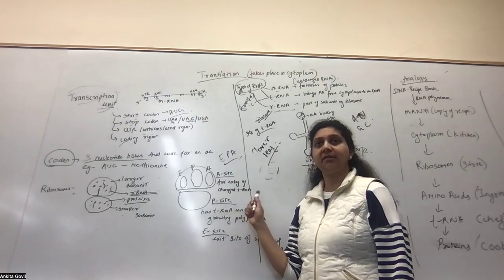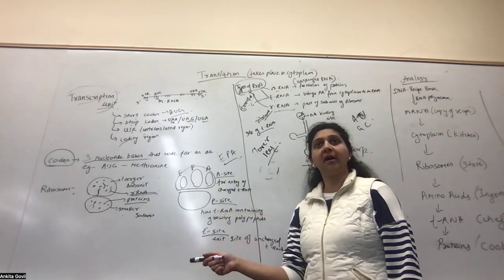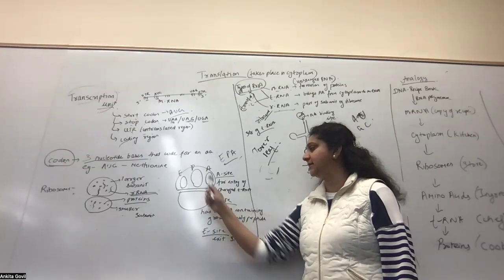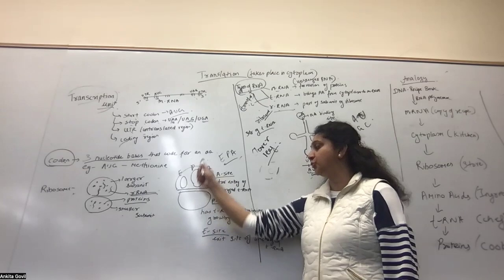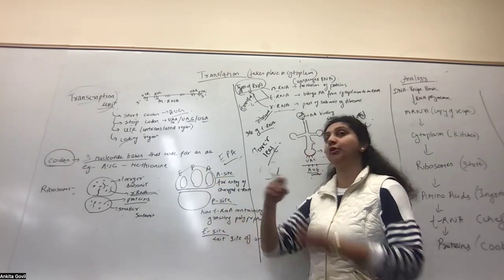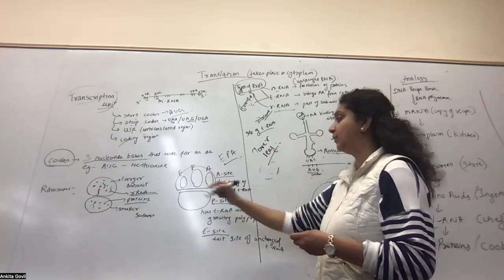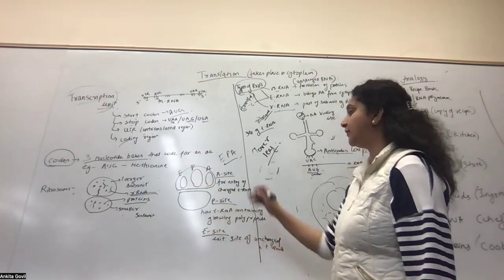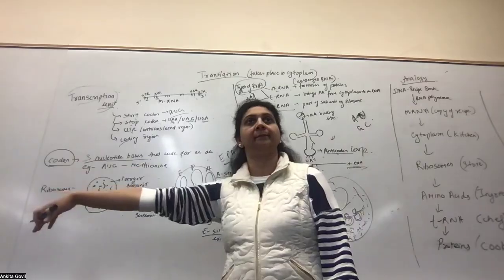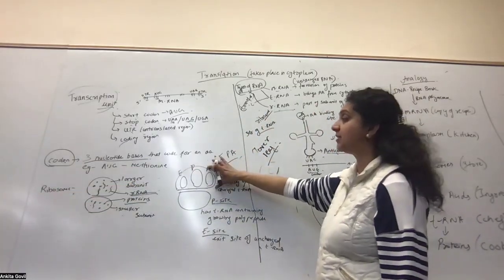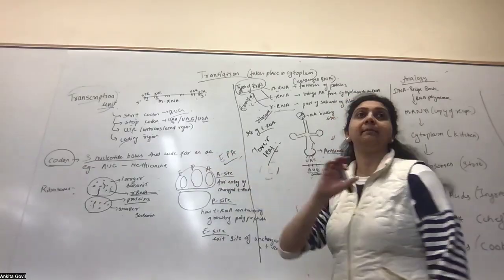I'll tell you this in detail. Just to know for now, there are three doors, A, P, and E. This is the A site. This is the P site, where the tRNA containing the growing peptide comes and launches itself. And this is the exit site from where the tRNA exits out. So there are three sites or three doors on the larger subunit of the ribosome.